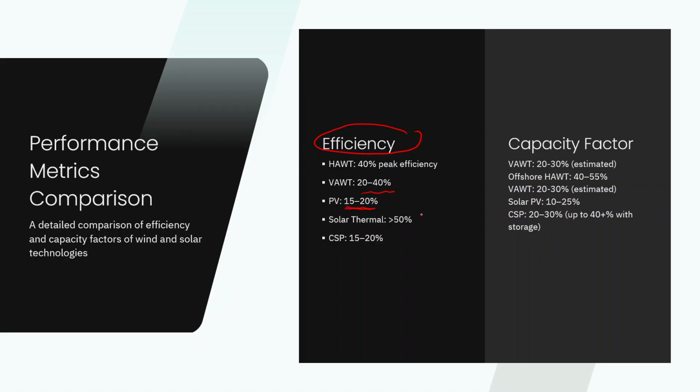PV typically has 15 to 20%, so typical efficiency would be somewhere around 20%.